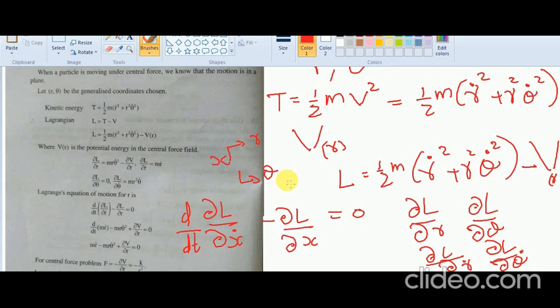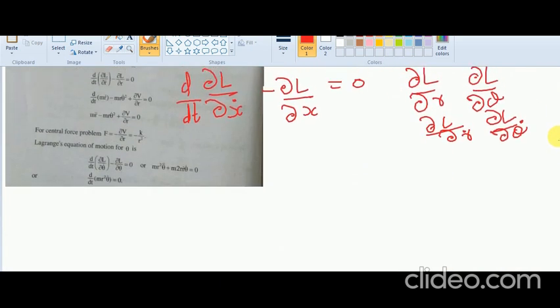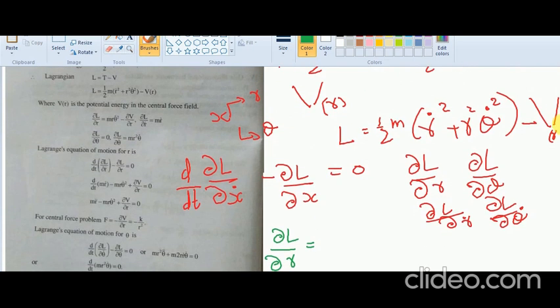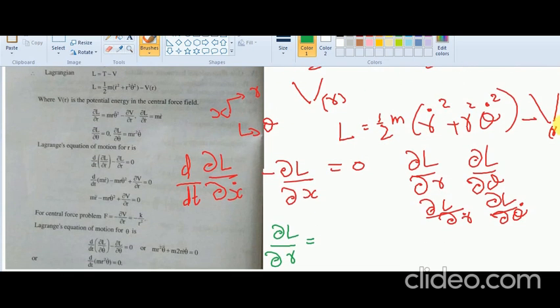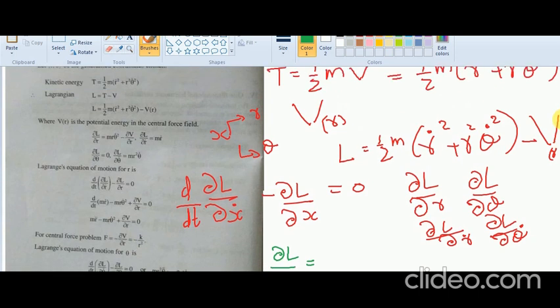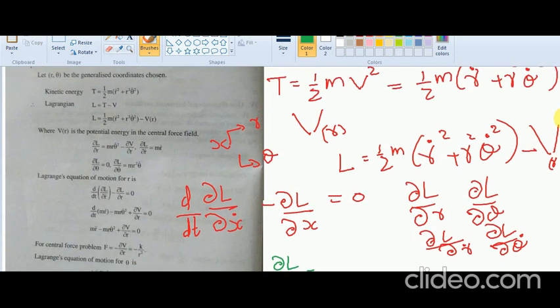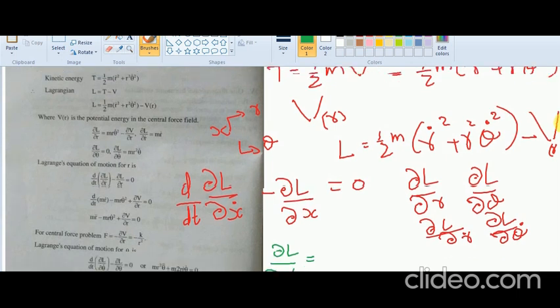Now we will go to the calculation part. First of all we have to calculate dou L by dou r.